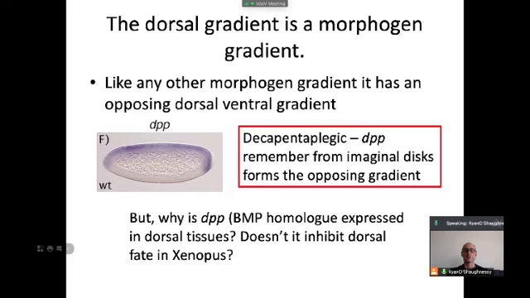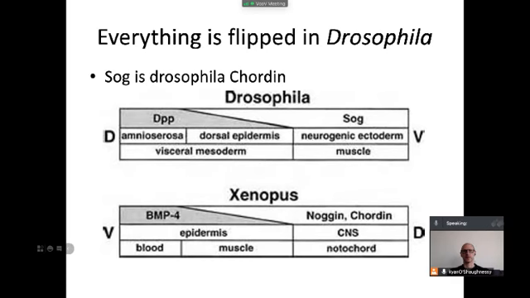So in Drosophila it seems to be deposited in the reverse manner. And that's because everything is flipped in Drosophila compared to Xenopus.